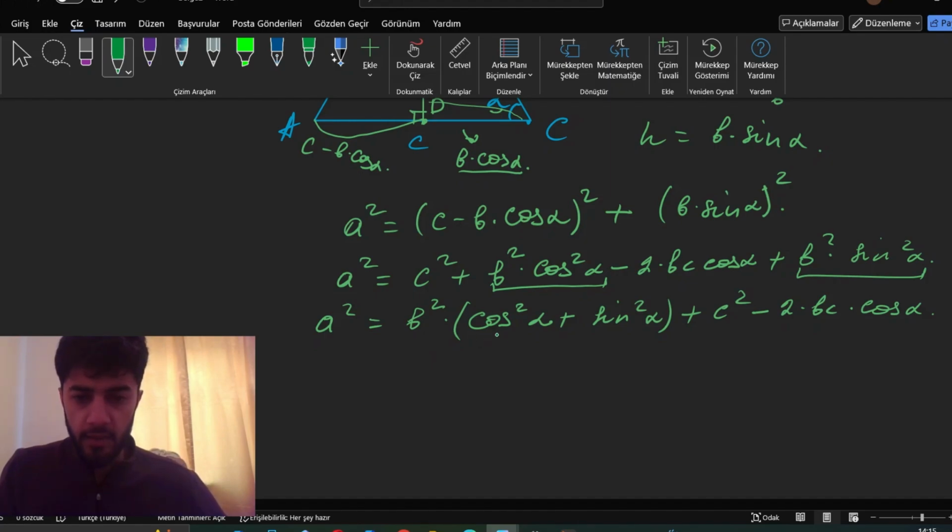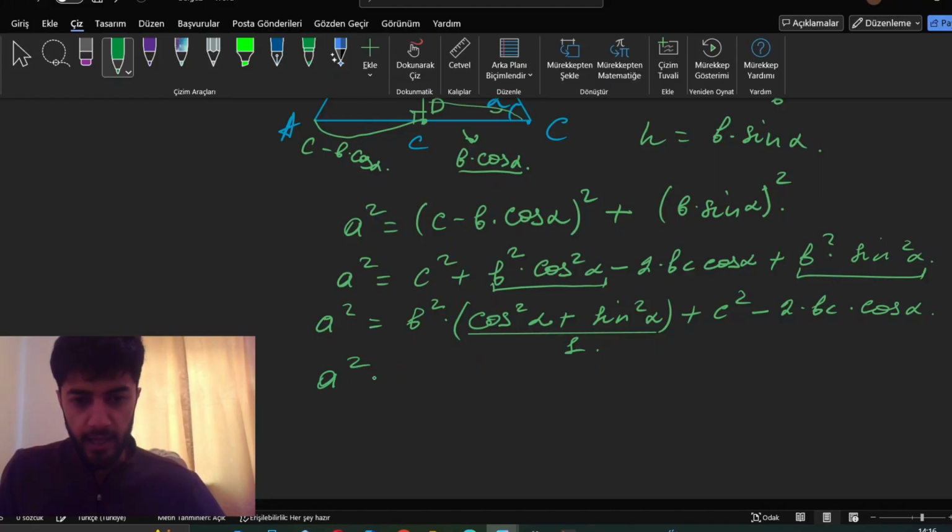So what we have here, as we can see, is an expression we know: cosine squared alpha plus sine squared alpha is just 1. 1 times B squared just gives us B squared.